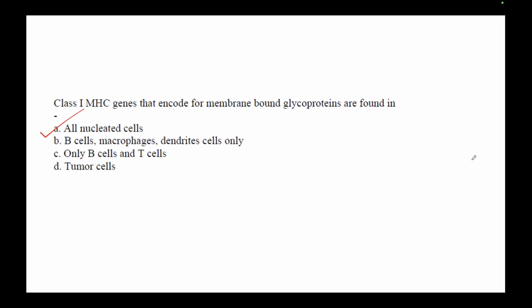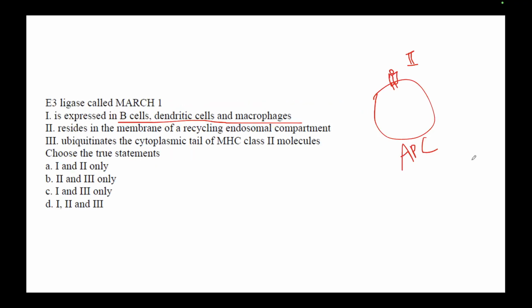E3 ligase March1 helps in the surface expression of MHC class 2 on these APCs. So the first option is correct.